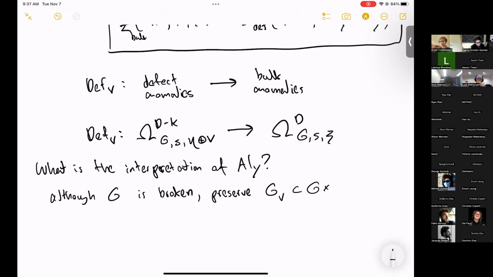Because of this linear form, if you act by G on the defect, say an orthogonal representation, like a special orthogonal representation, then it just rotates the profile. So you can compensate the action of G by rotation.